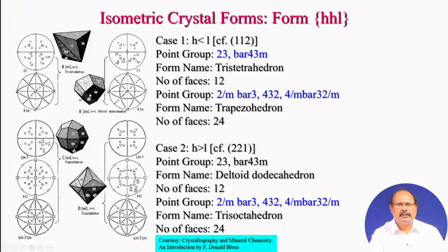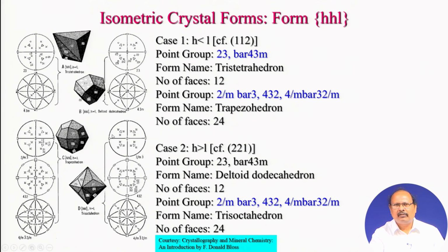And if you have a situation with 2/m bar 3, 432 and 4/m bar 3 2/m, you will have, as we have seen before, a set of 24 faces and we call it the thrice octahedron. So, you have an octahedron face, that is 111. There are 8 such faces in an octahedron.